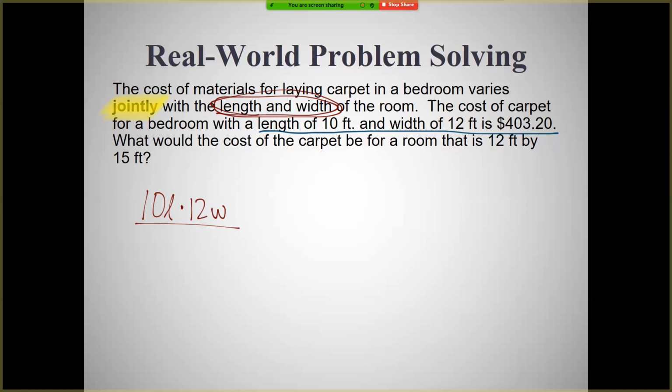And then for the bottom, the only other information I know for that room is that it cost $403.20. So when I set up my second fraction, I need the length times the width on the top, which is going to be 12 times 15. And again, that was length times width. And then the cost on the bottom, the cost is actually what we're trying to find. So the dollar amount in the denominator.